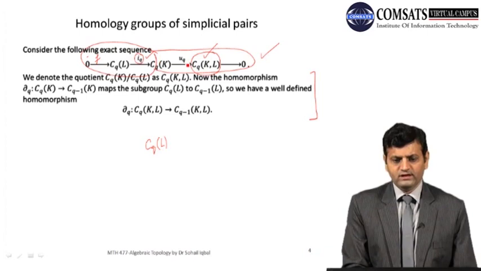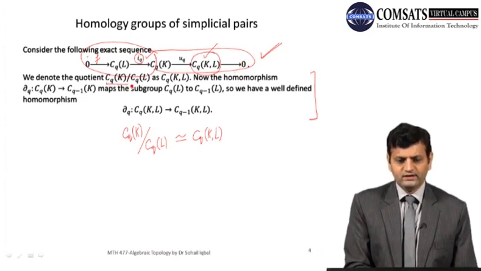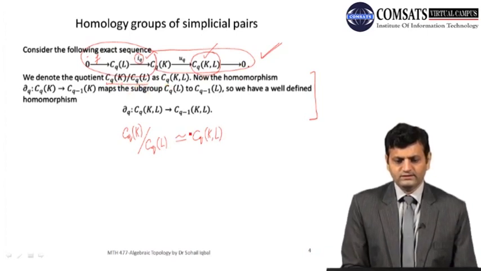Once again, by the first isomorphism theorem of modules, this implies that CQK quotient CQL should be isomorphic to CQKL. So this object is in fact isomorphic to CQK quotient CQL, just by using the exactness of this short exact sequence. So that's why we say that these elements are CQK quotient CQL.